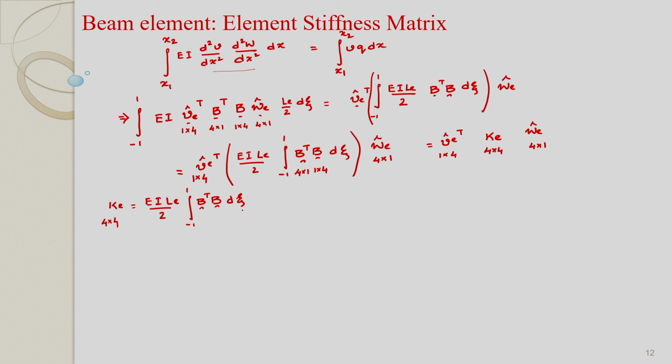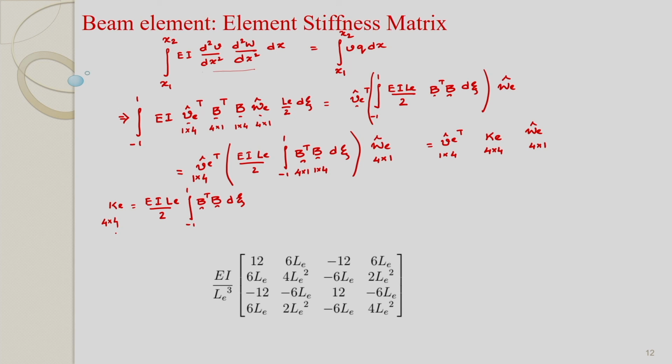Now, if you perform this integration for each of the 16 elements of the matrix, you will finally get Ke equal to this form.